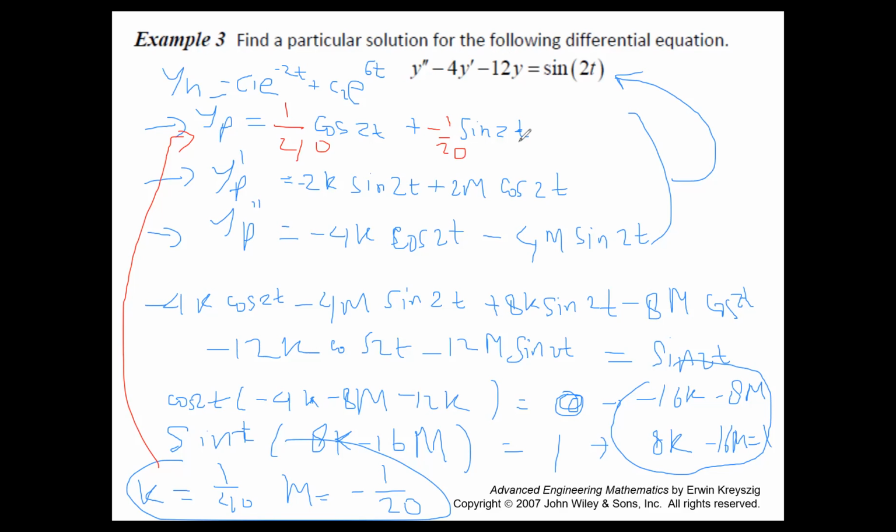And then your general solution will be a combination of these two. So y equal to yh plus yp. Okay, so that's the case. Any questions?